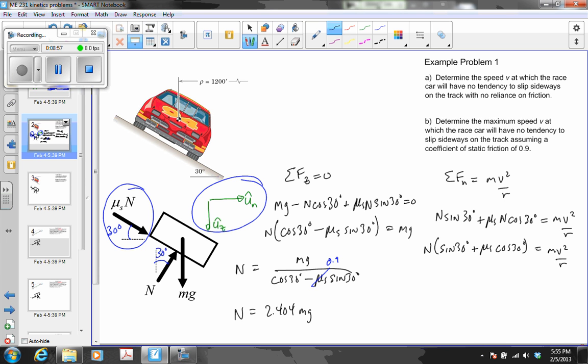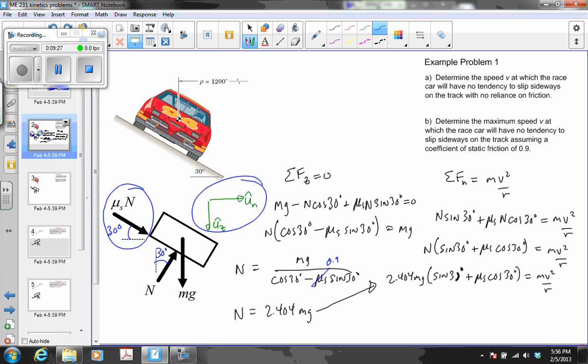I can substitute in n, 2.404 mg, times sine 30 plus mu s cosine 30.